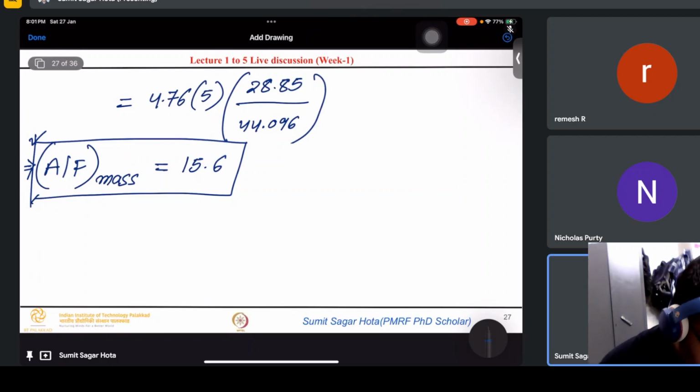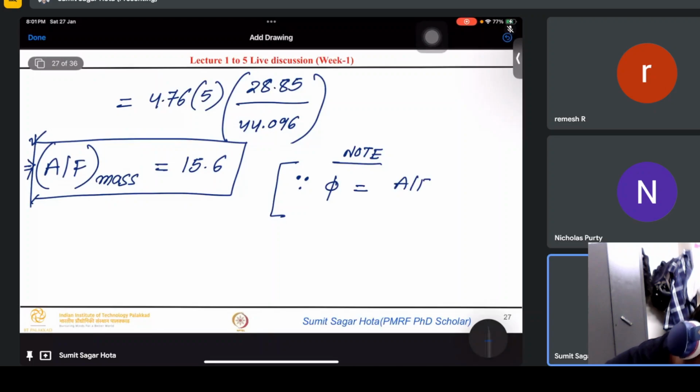If a question gives, for example, the equivalence ratio, then okay. What is equivalence ratio?